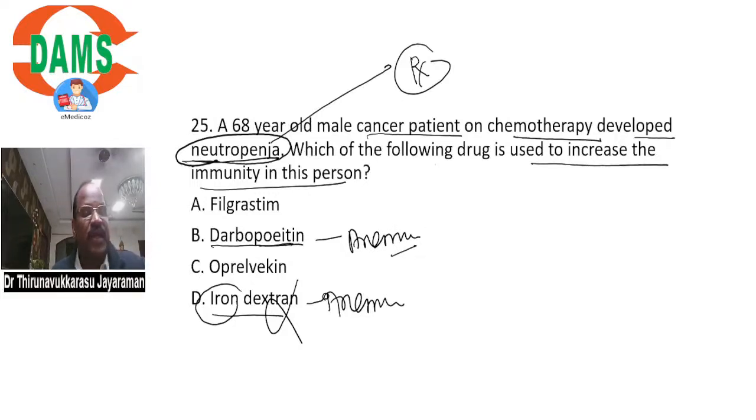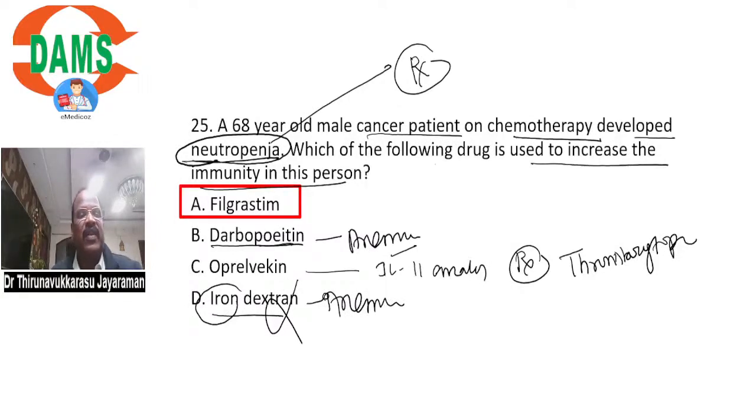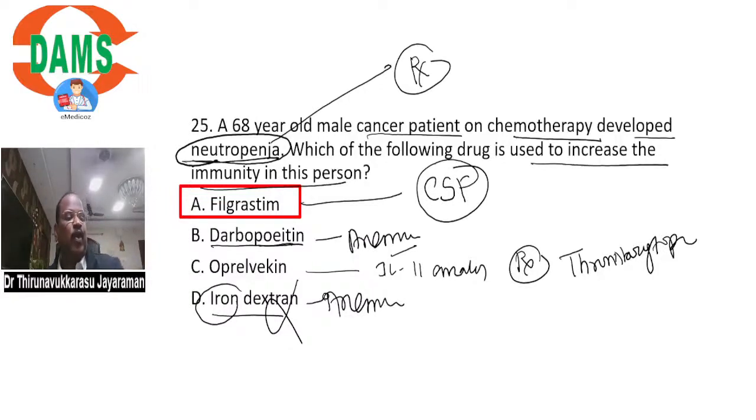So only two options are there: filgrastim and oprelvekin. Oprelvekin is an interleukin 11 analog useful for treatment of anti-cancer drug-induced thrombocytopenia. Ruled out. So only one option called filgrastim. That's the answer. Filgrastim is a colony stimulating factor useful for treatment of neutropenia.